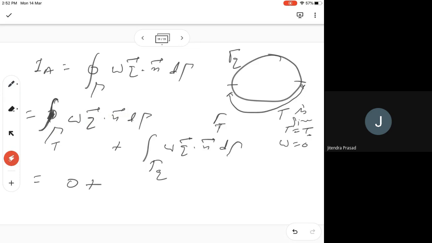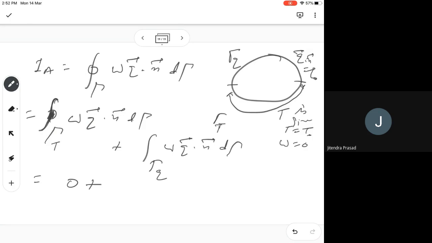Plus, and at this point, as per the original, what is given? Given is Q dot N is given to be Q naught, right?